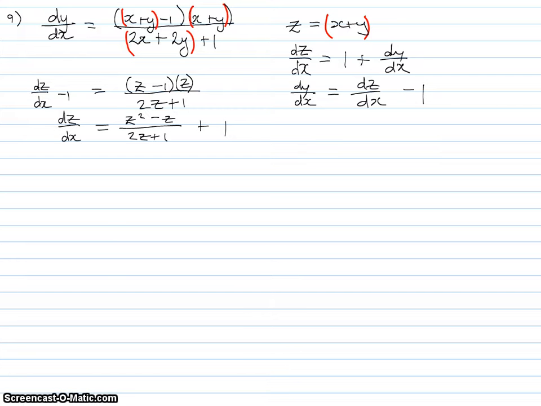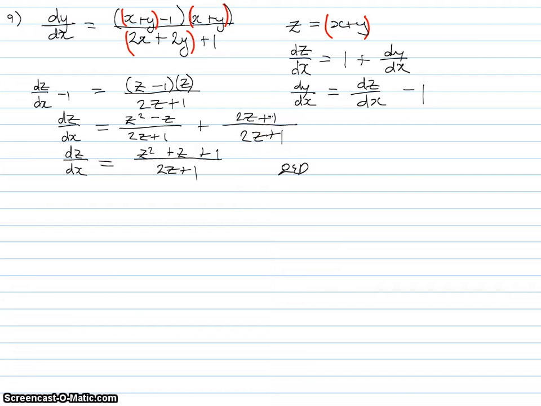Instead, what do I want here? I want (2z plus 1) over (2z plus 1). Then if you look at this equation, the whole thing will be over 2z plus 1, but the top line is going to be z squared, minus z plus 2z gives plus z, and then plus 1. And this is what we were asked to show for the first part.